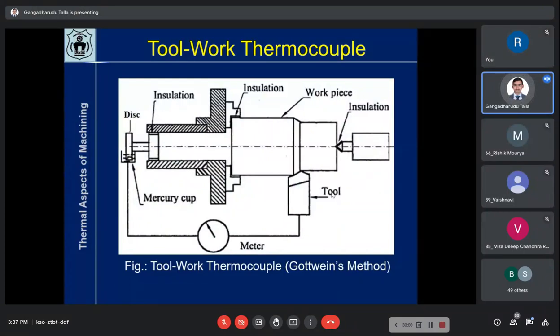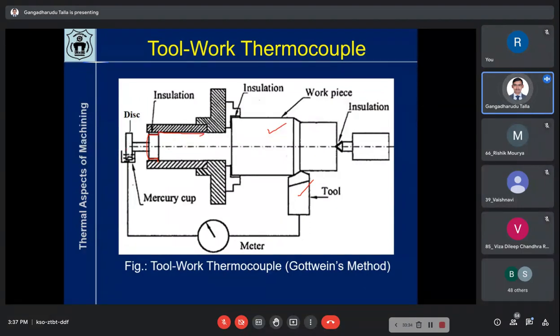So experimentally, this is a tool, and this is the workpiece, and here this is all workpiece, and you are providing insulation between the chuck and the workpiece. Now, to that workpiece you have attached one disc, of the same material.